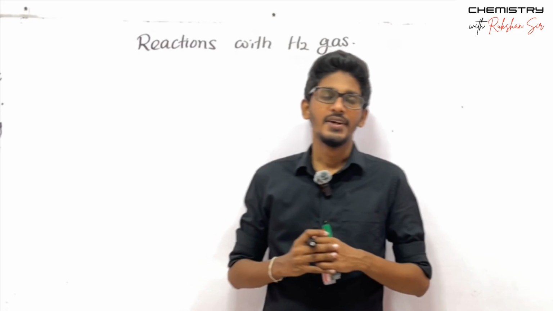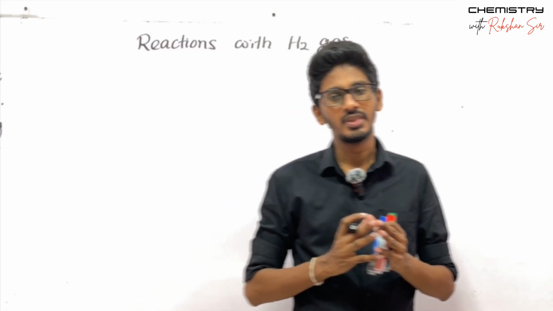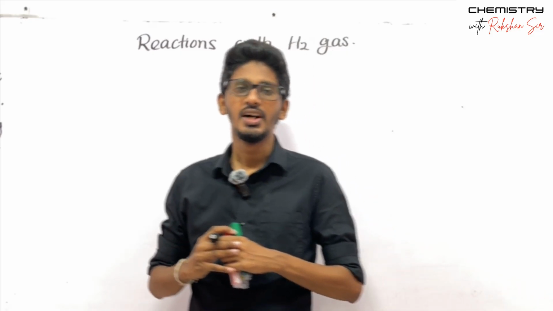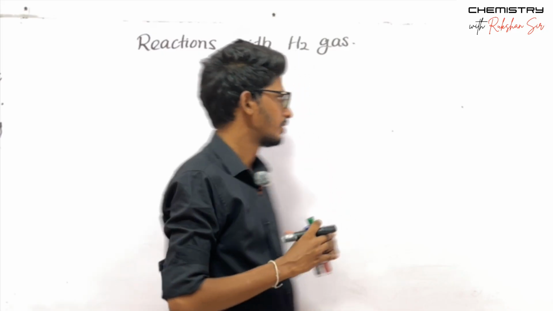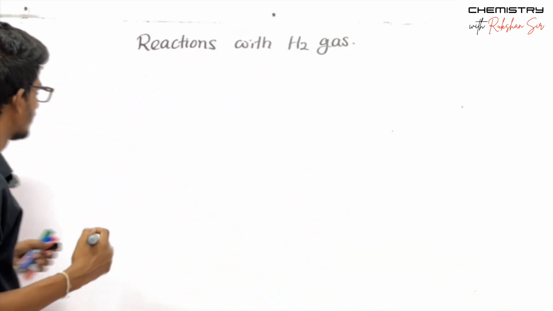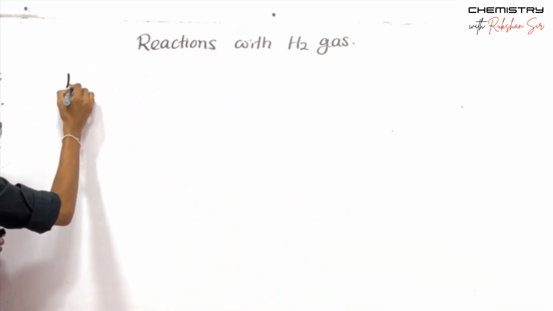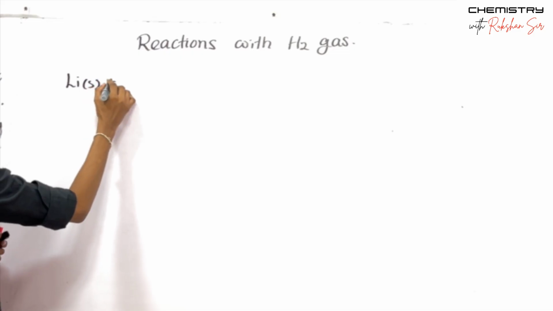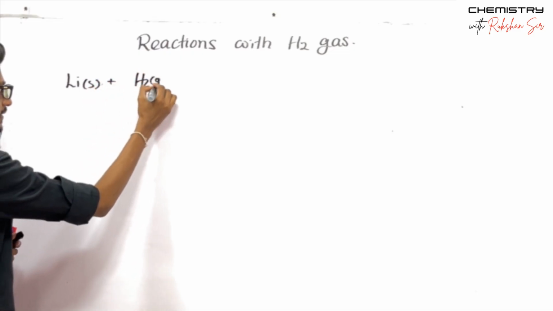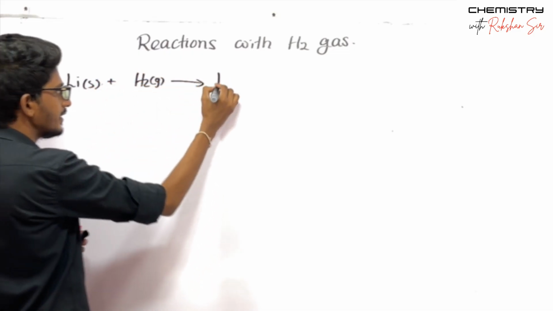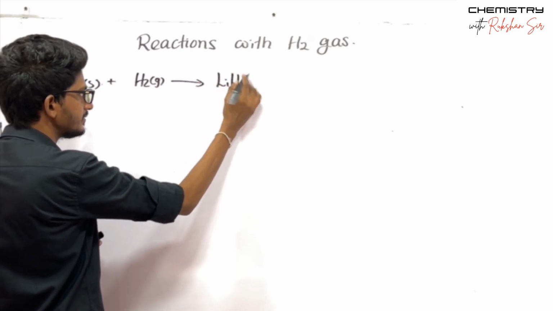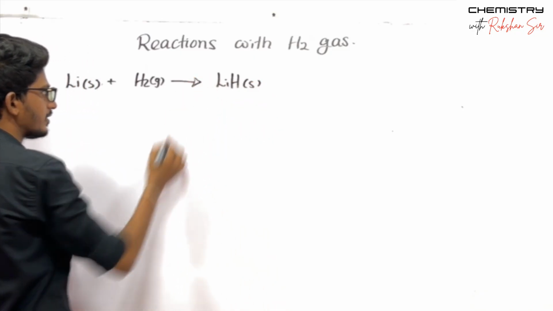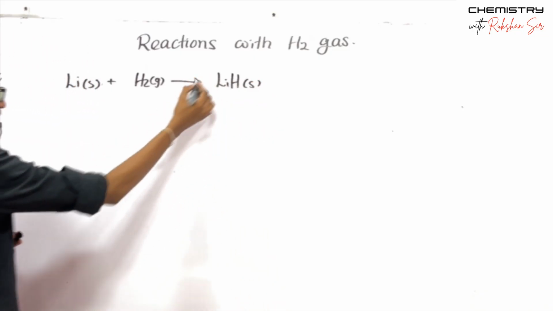So all of these, other than beryllium, will form the hydrides. When it comes to lithium, it will react with H2 gas and form lithium hydride. The balancing is very easy, not that much to do with the balancing.